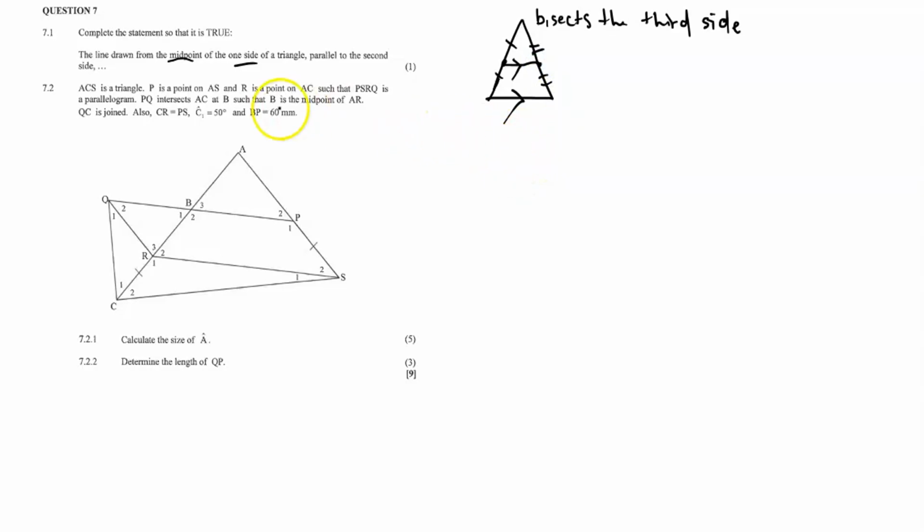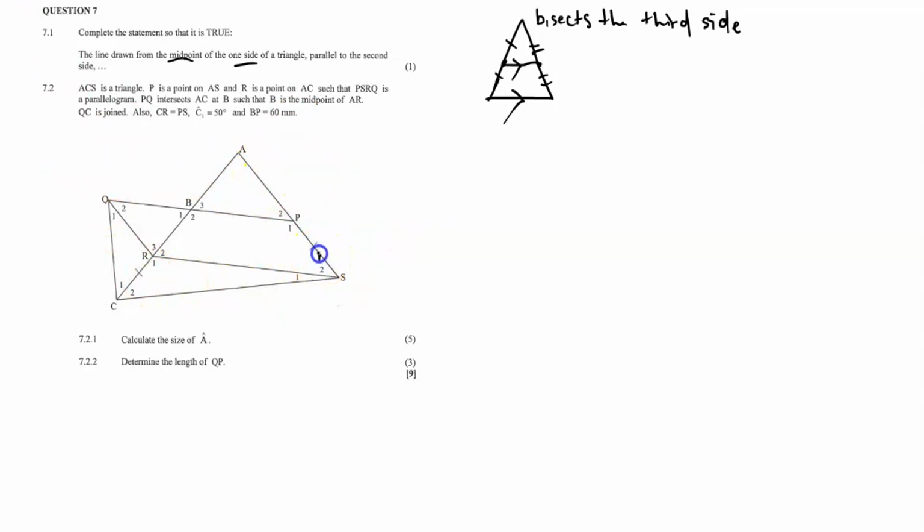7.2. ACS is a triangle. So this is ACS. That's the triangle they're talking about. P is a point on AS. This is P. It's a point on AS. And R is a point on AC, such that PSRQ is a parallelogram.